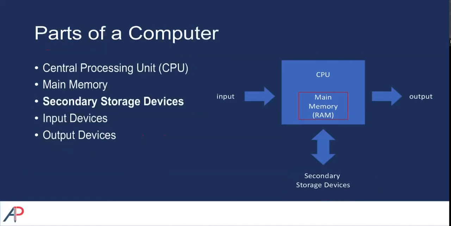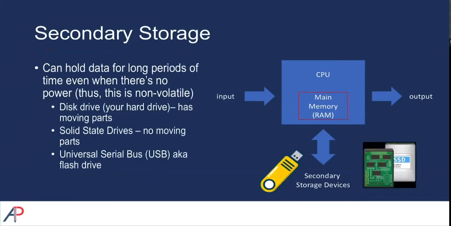But since we're still talking about it, we could talk about the secondary storage devices as well. The secondary storage devices can hold data for long periods of time, even when there's no power. So this is non-volatile. Examples of secondary storage would be a USB flash drive, your actual disk drive, so like your actual hard drive, what your files are stored on in your computer or in your desktop.